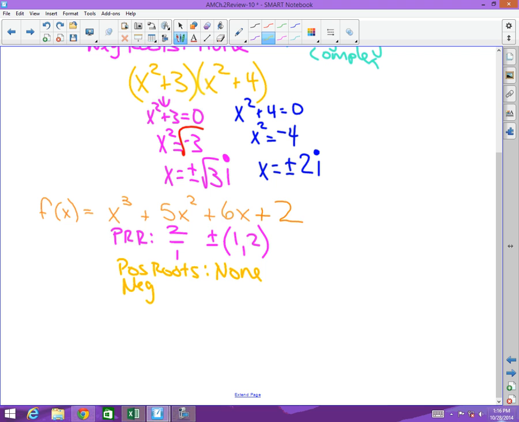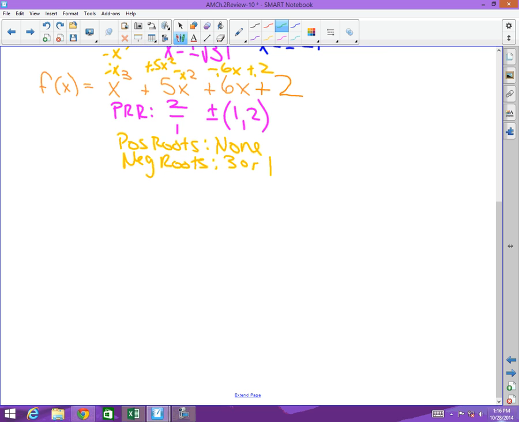Negative roots, well, let's see, if you substitute a negative x in there, that's going to become a negative x cubed. If you substitute a negative x into there, that's still going to be plus 5x squared. And then that's going to be minus 6x plus 2. So we have one sign change, two sign changes, three sign changes. So 3 or 1. And there's 3 roots in all. And so now you get the task of doing this synthetically.